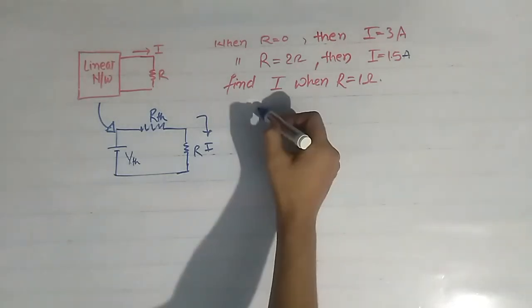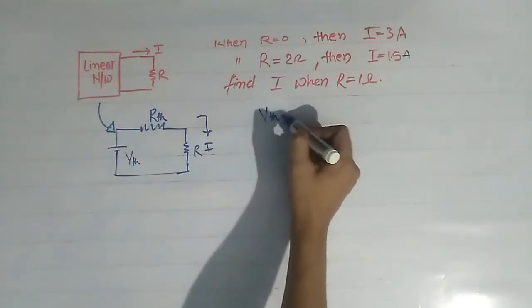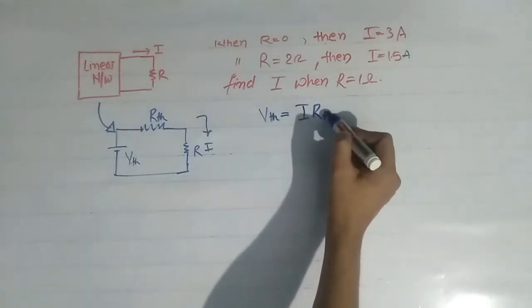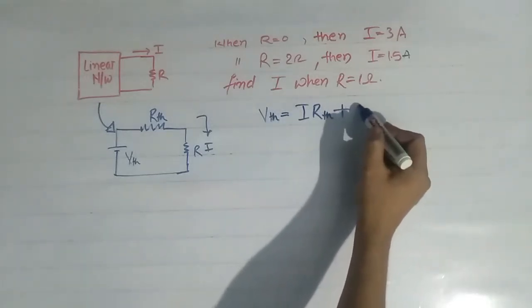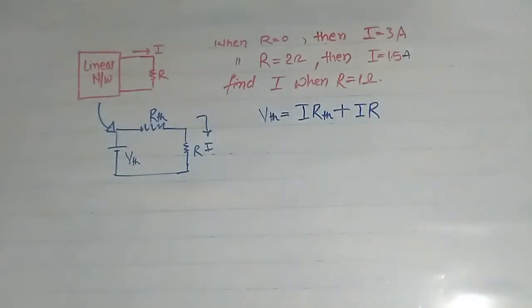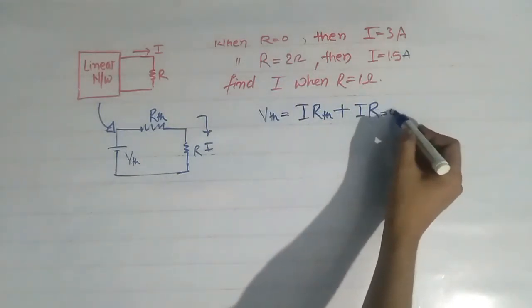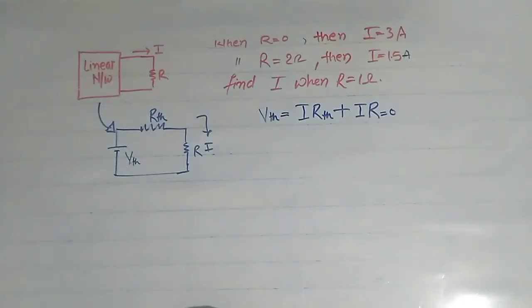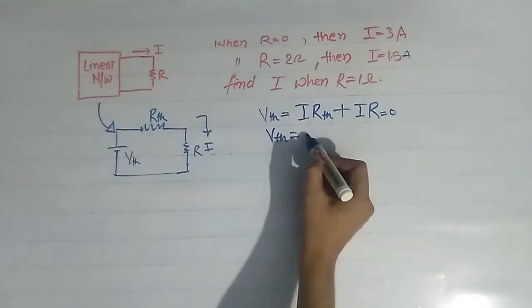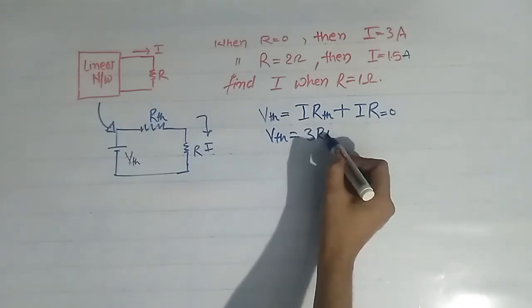Now we can write VTH is equal to I RTH plus I R. Now when R is equal to 0, then current I is 3 ampere. So we can write VTH is equal to 3 RTH.